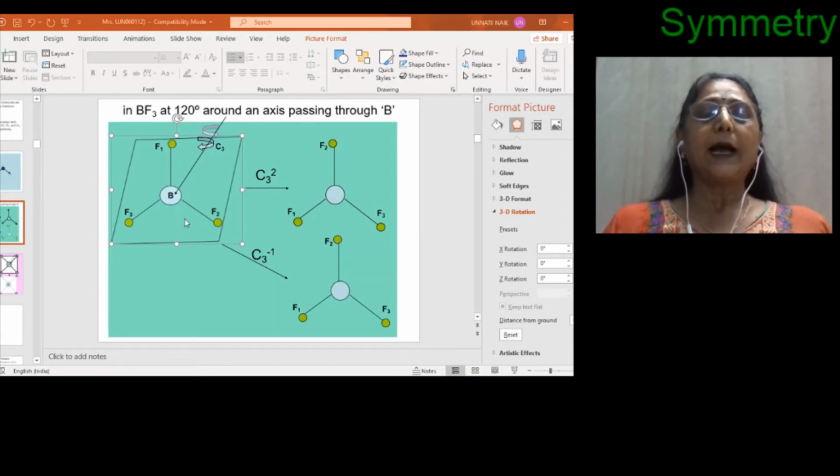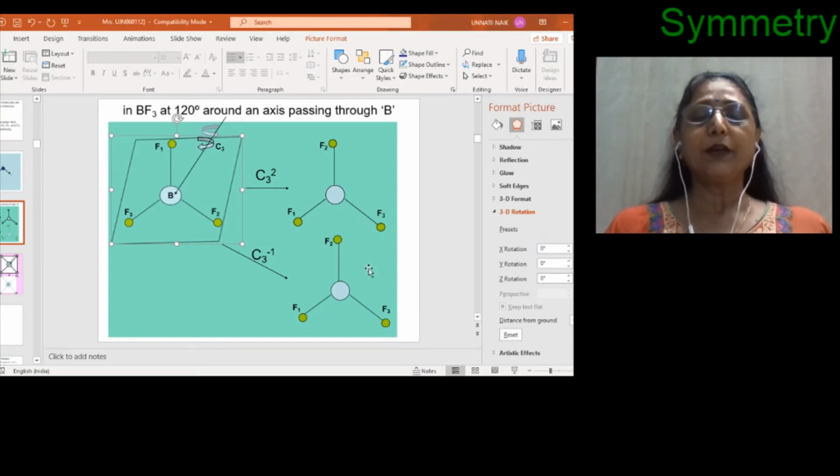Now I am going to consider this structure again. We will rotate it around this same axis, but this time in the opposite direction.